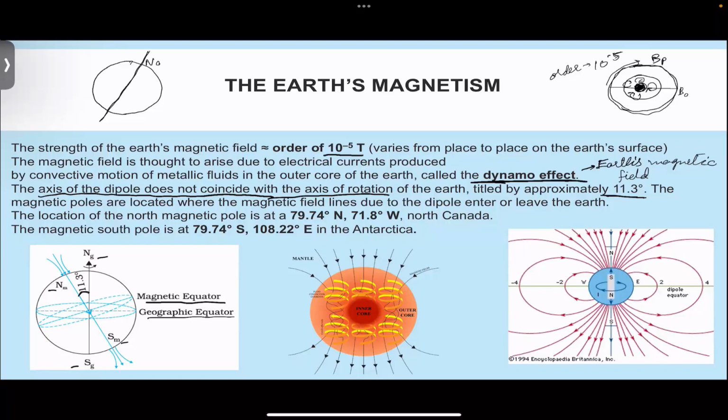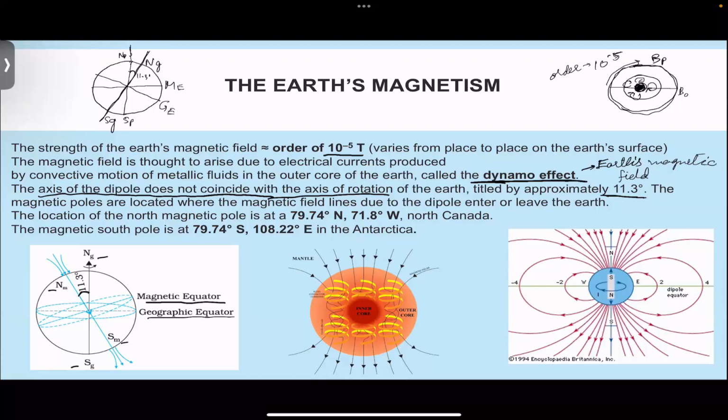So this is your NG, SG, and then at an angle of say 11.3 degrees, this is your north magnetic pole, and this is your south magnetic pole. With respect to that, you can have the geographic equator, and with respect to this, you can have a magnetic equator. So there is a difference in both, and because they do not coincide, the locations of the magnetic poles are different.